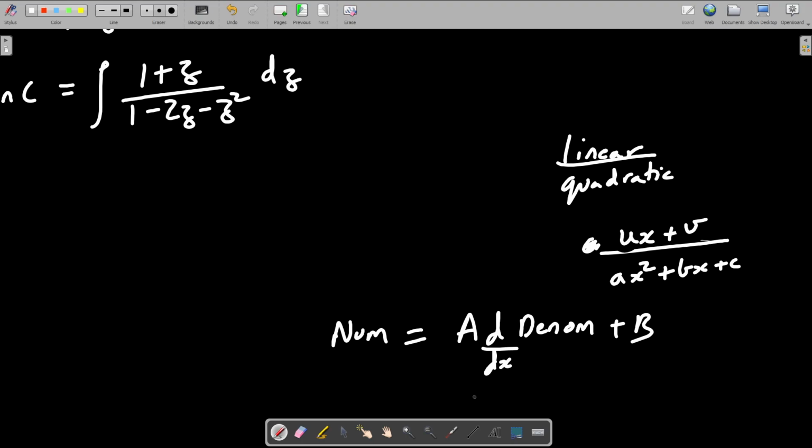Actually, if you can see the answer straight away, it's very clear. What is the numerator here? 1 plus z, right? Is it related to the denominator in any sense? Can you express the numerator as a derivative of the denominator?